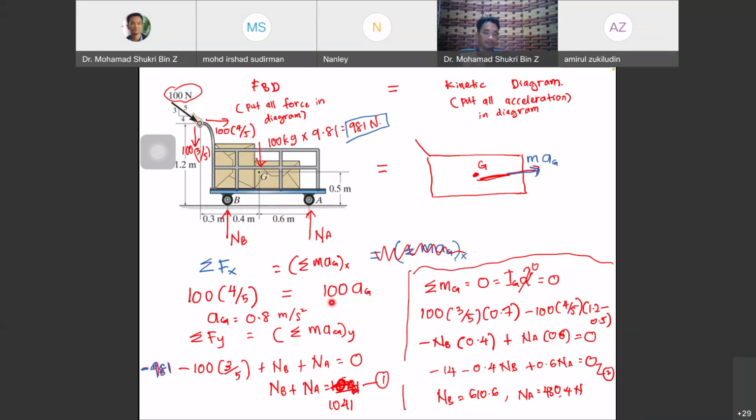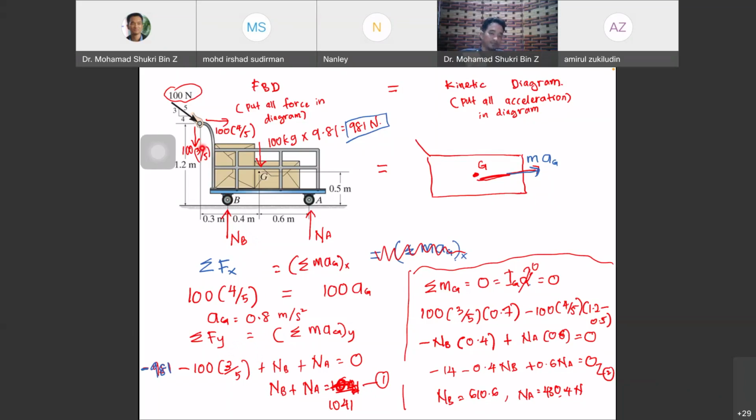So berapakah acceleration pada 1 g? 0.8. Right. And summation of F is equal to A pada Y lah. MAG pada Y. Okay. Yang ini boleh tambah, iaitu negatif 981 tolak 135. Okay. Ini 135 yang atas ni, random ni. Okay.